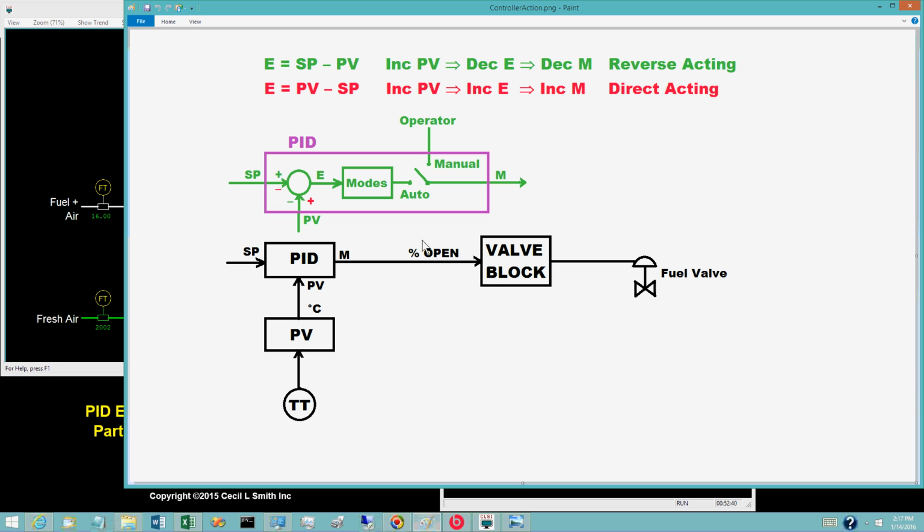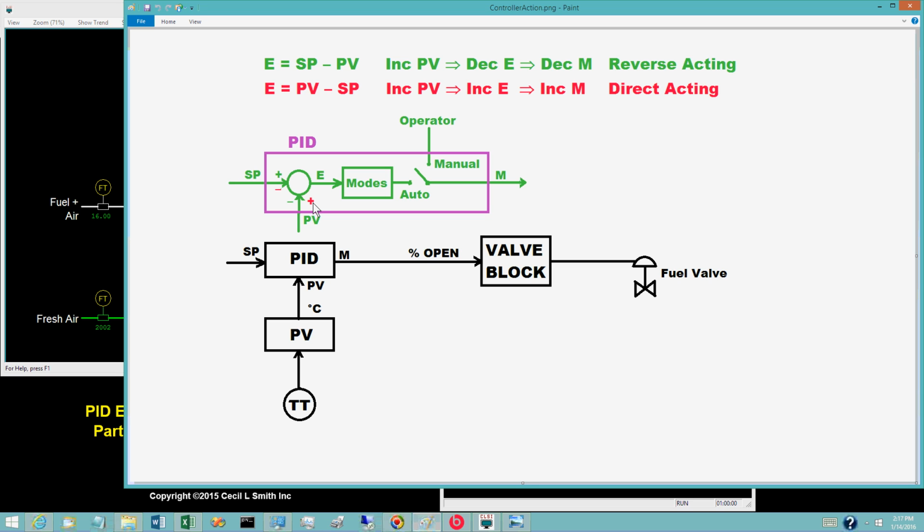On an increase in the PV, a direct or forward acting controller increases its output. How can such a behavior be obtained? One possibility is to reverse the inputs to the comparator.